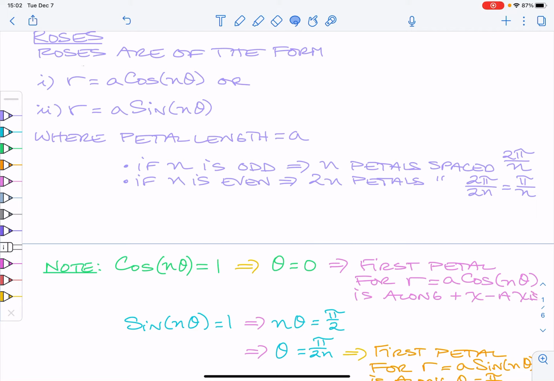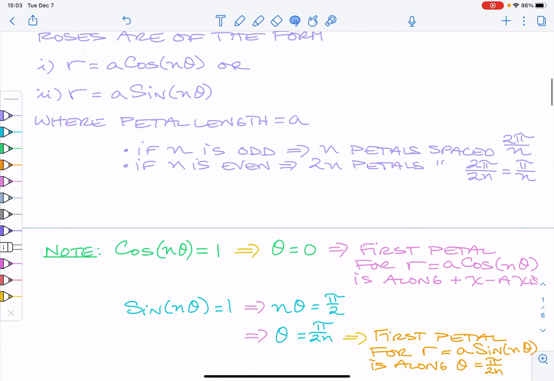If n is even, meaning it's divisible by 2, we multiply by 2 to have the number of petals. So 2n petals spaced between 2 pi radians reduces to pi over n spacing.